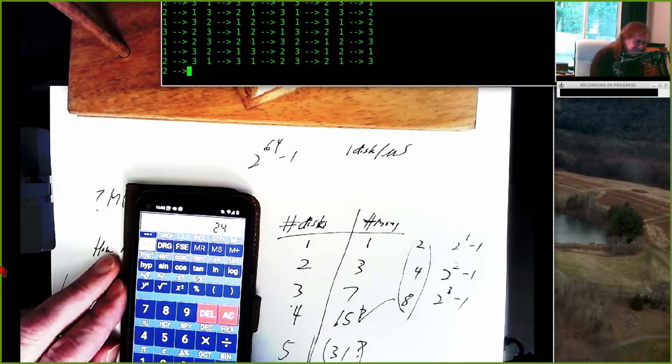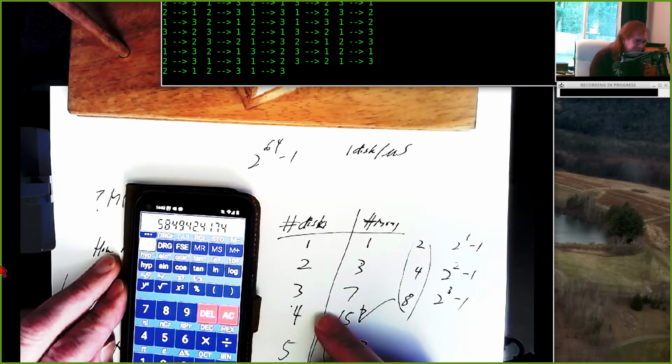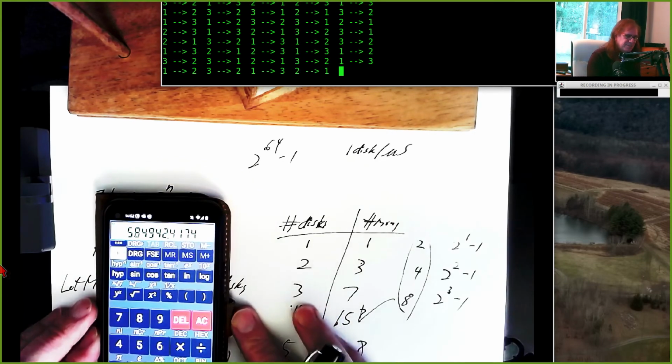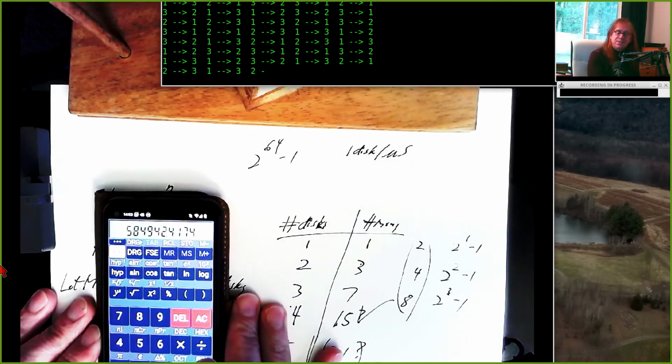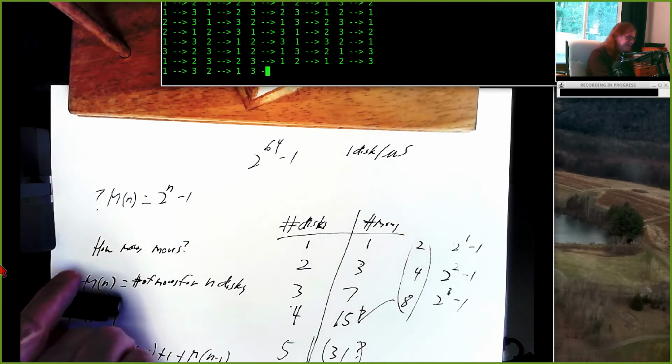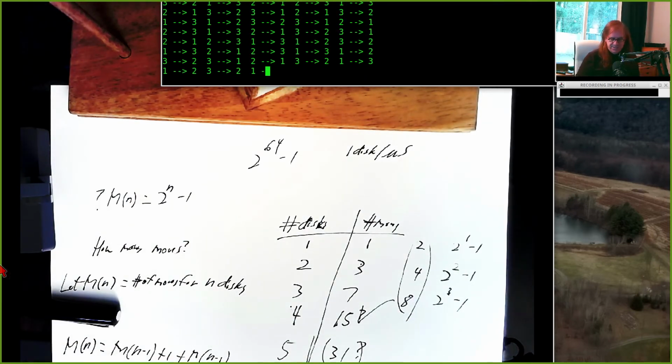If you divide by 24, it's that many days. If you divide by 365, it's that many years. So over 500,000 years to complete that game, if you're doing 1,000,000 disks per second. If you're doing 1 disk per second, it's 500,000 million years to complete the game.